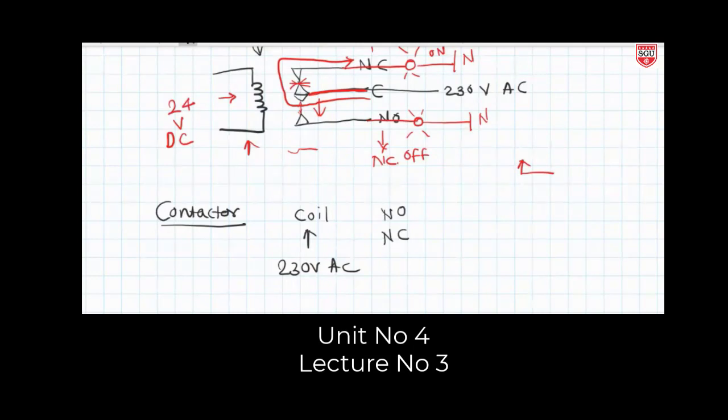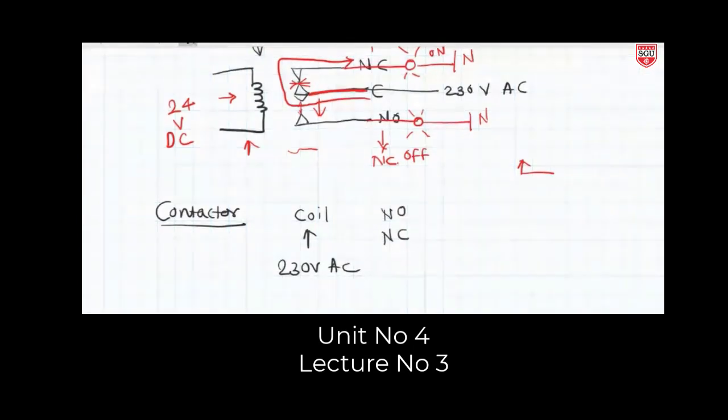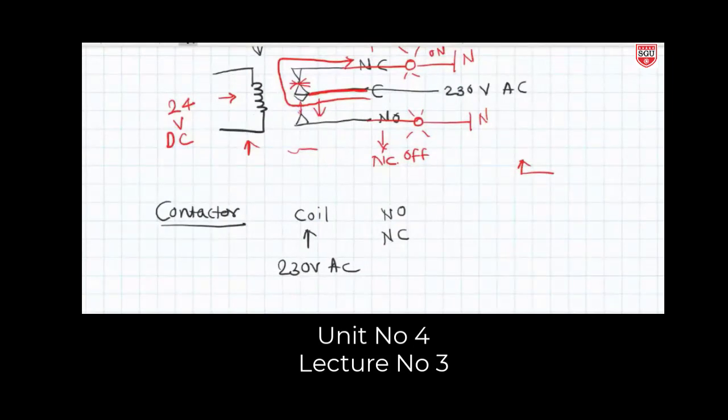We provide 230 volt AC supply so that the coil gets magnetized. When that coil gets magnetized, it will attract the plate which is connected to the common, as previously seen in the relay, and it will produce the effect of converting NO to NC and NC to NO. That condition will be fulfilled.